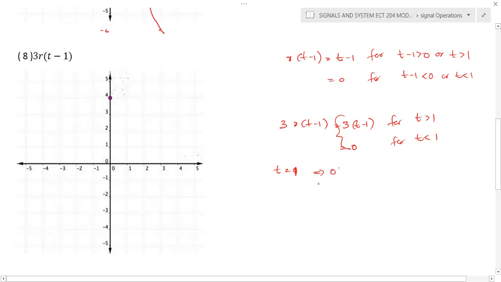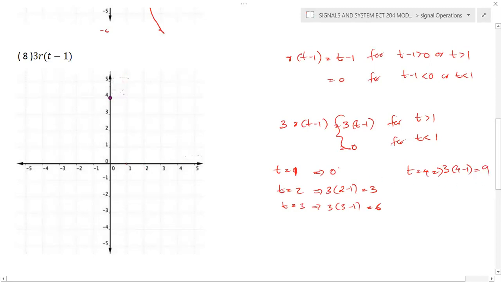When t is equal to 2, it's 3 into 2 minus 1, which is equal to 3. When t is equal to 3, it is 3 into 3 minus 1, so 3 into 2, it becomes 6. When t is equal to 4, it is 3 into 4 minus 1, which is equal to 9.